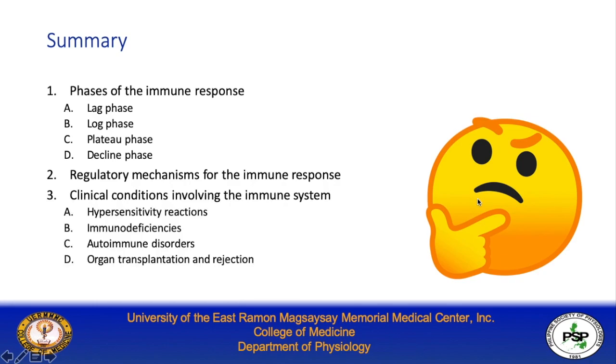And we've looked at the different clinical conditions that would affect the immune system. So hypersensitivity reactions, you have 4 types. You also have immune deficiencies, autoimmune disorders, and organ transplantation and rejection.